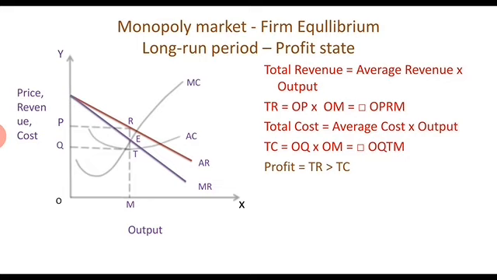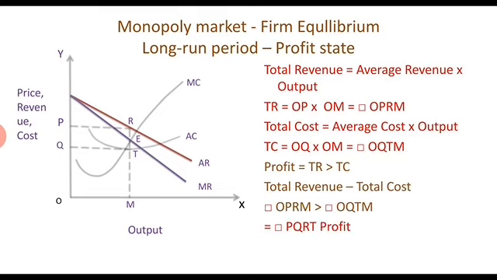TR is greater than TC. Profit is rectangle PQRT. Profit state: MC equals MR and AR is greater than AC in the long run.